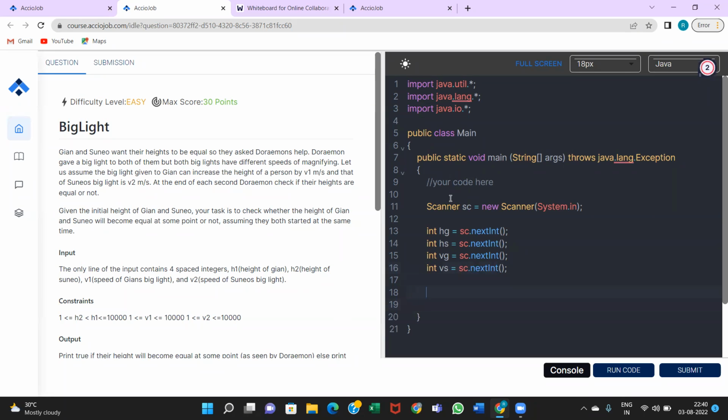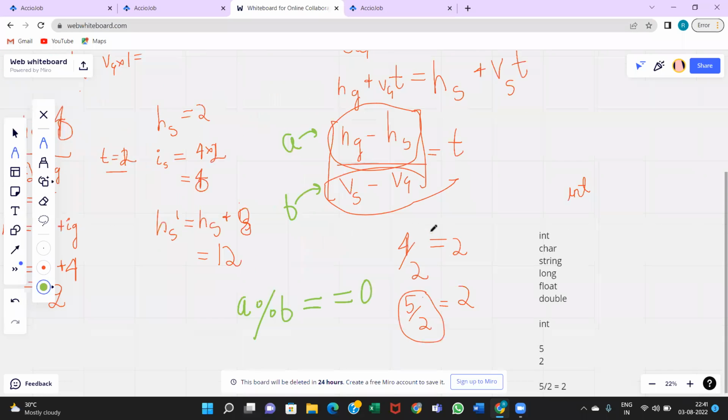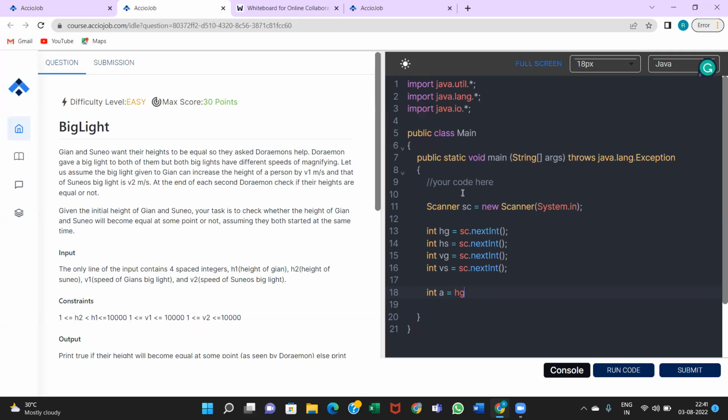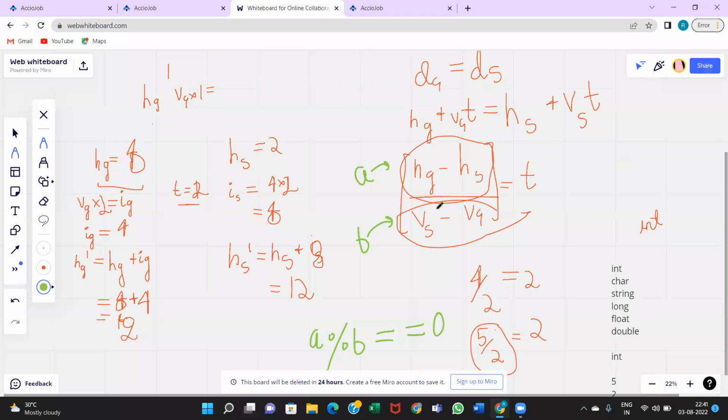After taking the input, we'll check that if... let me make one more variable. Let's say int a equals the difference between hg and hs, so we'll calculate hg minus hs, and the value of b will be, just notice this, vs minus vg.